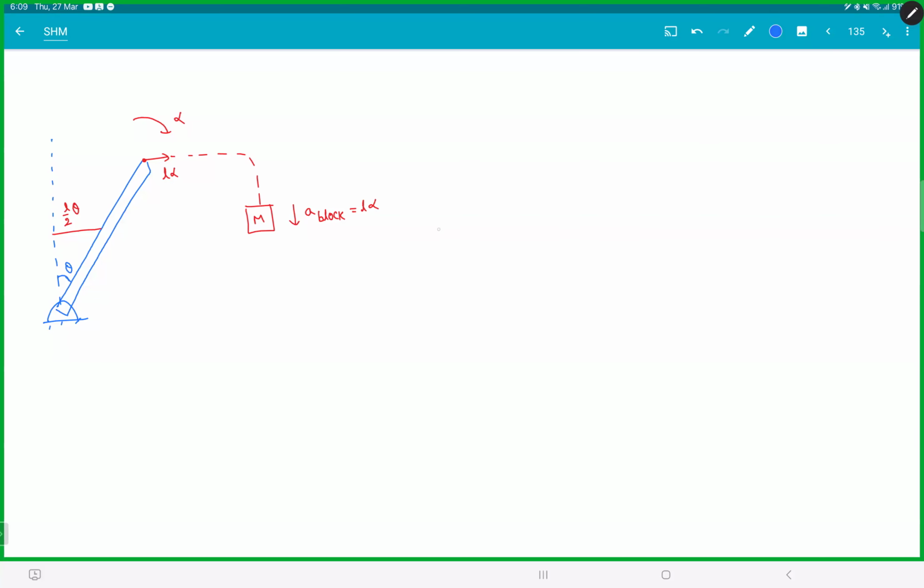Now, if I write the forces, again, I'm exaggerating the figure here. Theta is not this big. So we have forces here, K into L by 2 theta, that is the elongation. This is the tension, and this is mg.